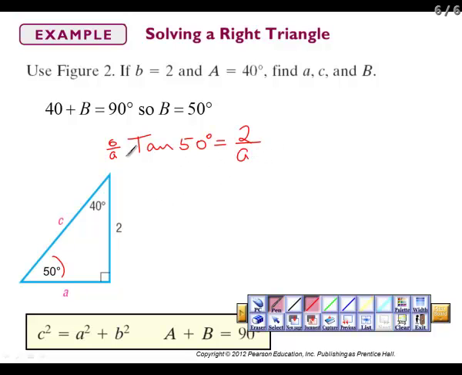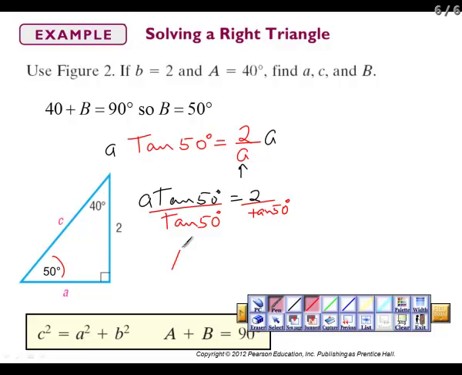And so now what we do at this point is we have to get that A out of there because we're solving for that. So we multiply both sides times A, and we get A tangent of 50 degrees equals 2. And now we're going to divide tangent 50 degrees to both sides, and we get A equals, now in the calculator, again, since we're working with degrees, our mode has to be in degrees.